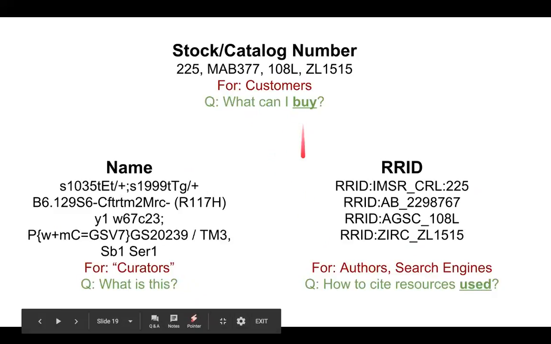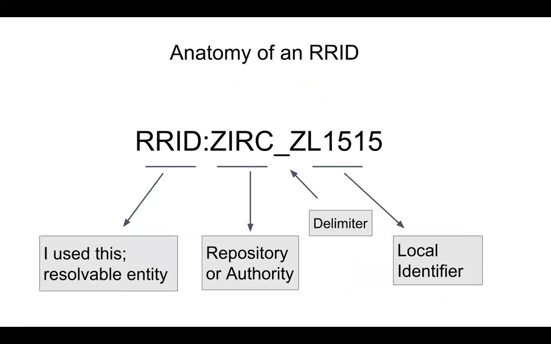So they try to answer different questions. So the citation, how do I cite this thing that is used, versus what is this? These are different questions that these answer. But of course, we need to understand that all of these are part of the same whole.